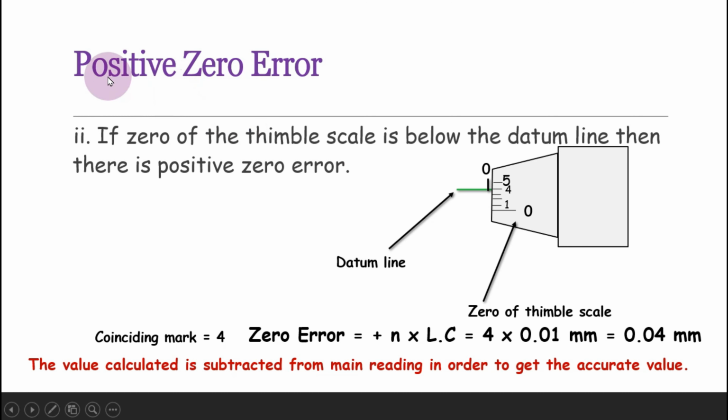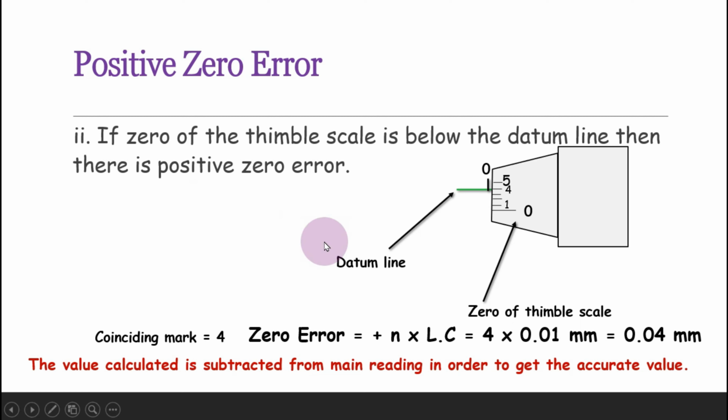Number two, positive zero error: if the 0 of the circular or thimble scale is below the datum line when you close the micrometer screw gauge and the ratchet starts clicking, then the zero error is known as positive zero error.